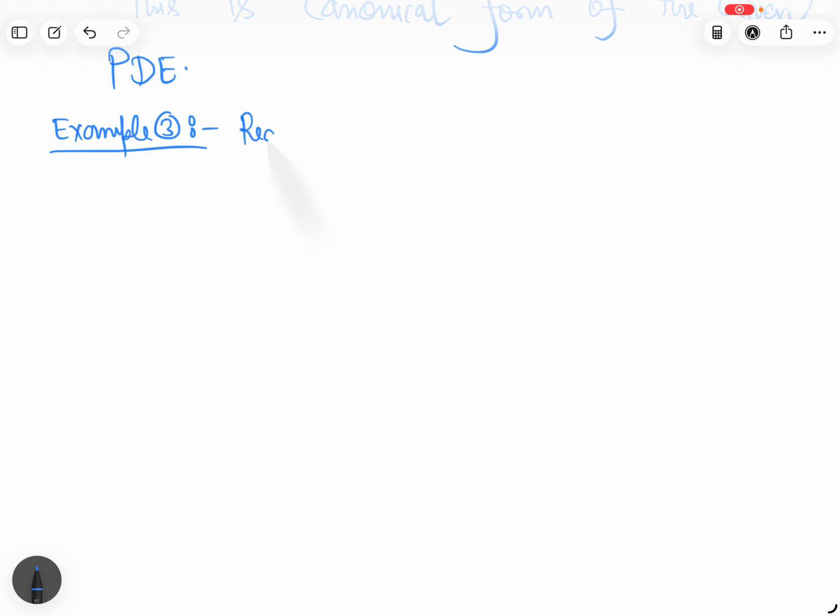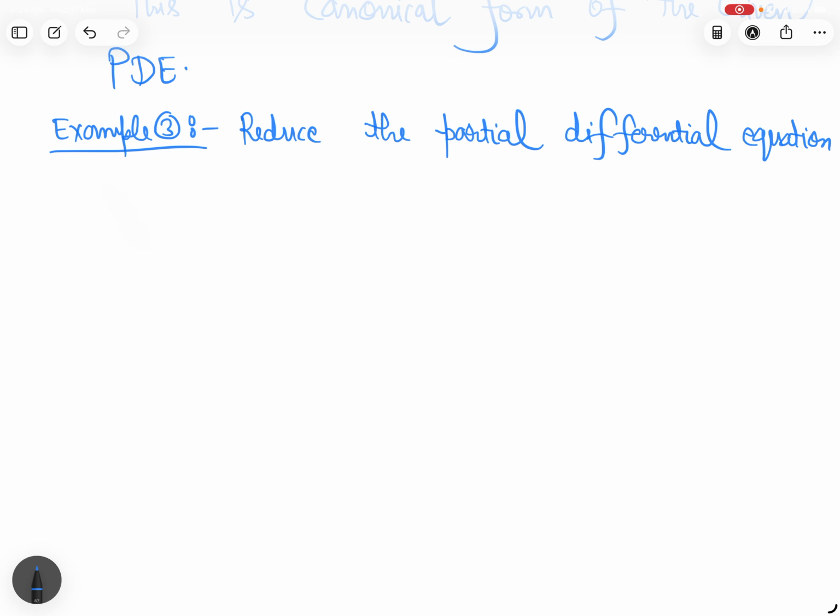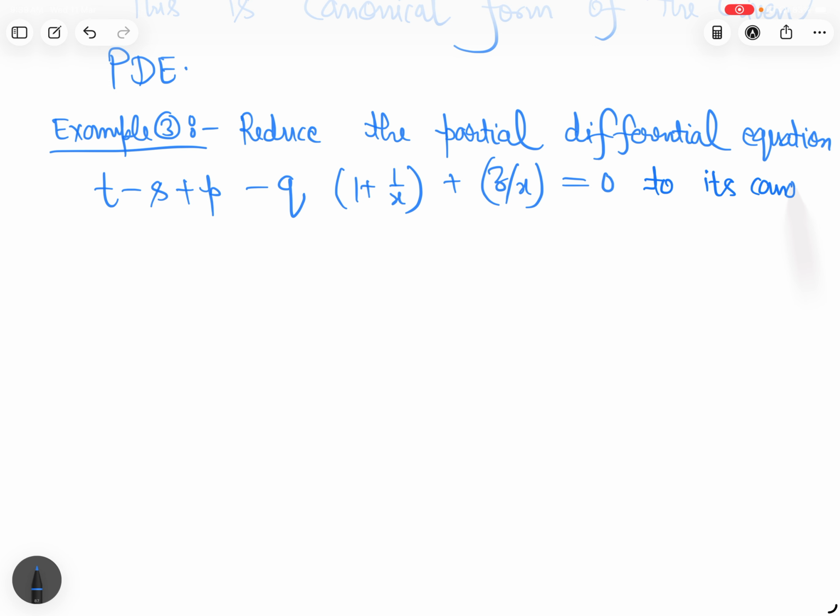Reduce the partial differential equation T minus S plus P minus Q 1 plus 1 upon X plus Z by X is equal to 0 to its canonical form.